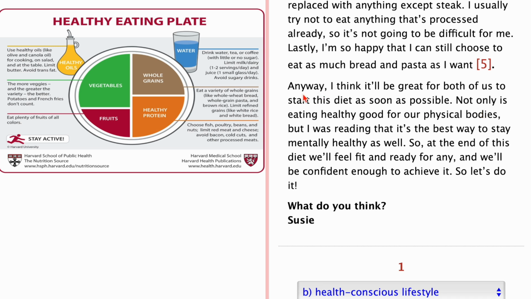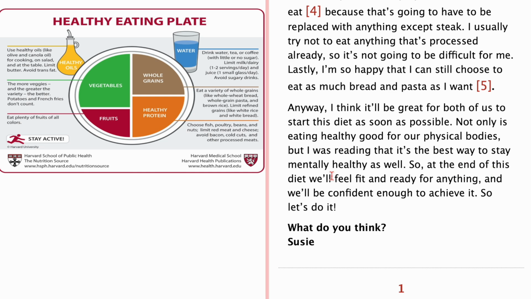Okay, last part. Anyway, I think it'll be great for both of us to start this diet as soon as possible. So she wants to start. Not only is eating healthy good for our physical body, so good for our health, but I was reading that it's the best way to stay mentally healthy as well. It's true. Staying mentally healthy by eating well.